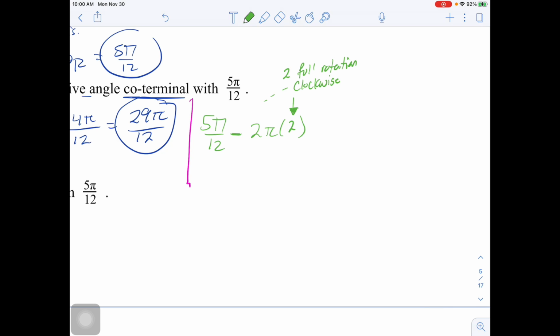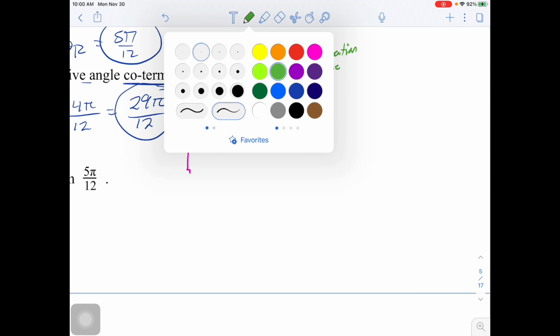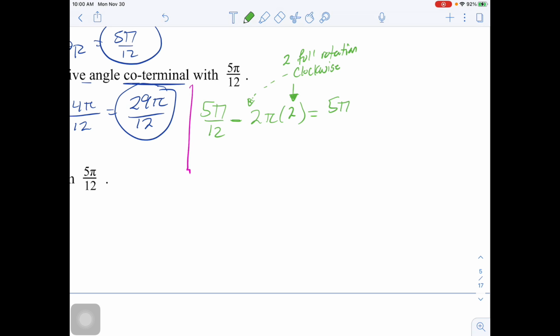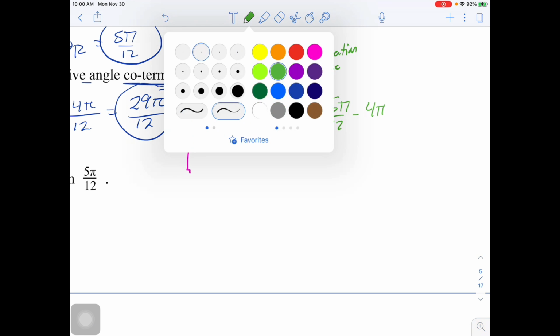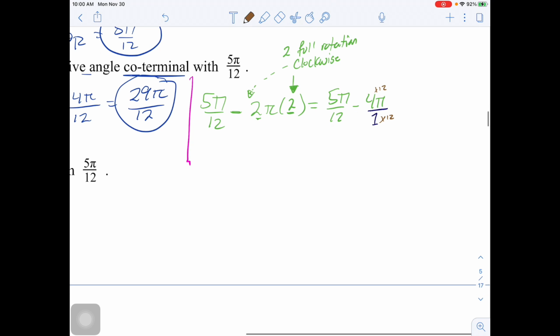Because it's clockwise because we are subtracting. Okay. So again, we need to do some simple arithmetic here. So I'll do 5 pi over 12 and I'll multiply this 2 and this 2 to give me 4. And now I need common denominators, so this is over 1. So to get common denominators, I multiply this by 12 and this by 12. And this will become 5 pi over 12 minus 4 times 12. Well, that's going to give me 48 pi over 12.